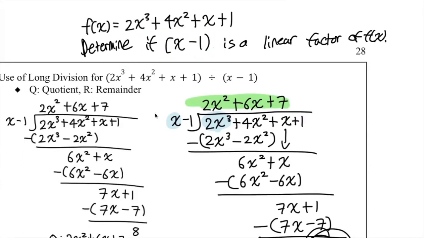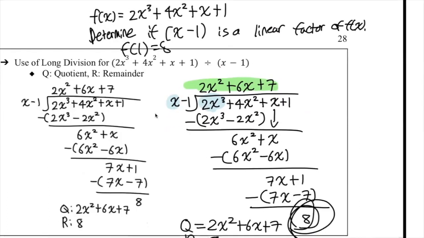A really simple way of checking is by doing f of 1. Because if f of 1 is equal to 0, it means that the remainder that you get out of the polynomial division is 0. So if f of 1 is equal to 0, according to the factor theorem, that proves that x minus 1 is a factor of f of x. However, in this case, f of 1 is not 0. It's actually 8, as we have found.